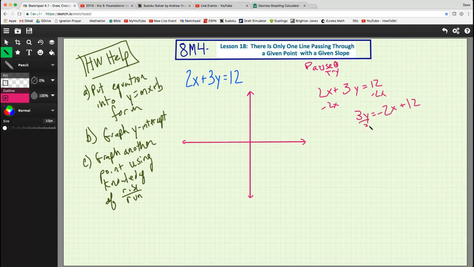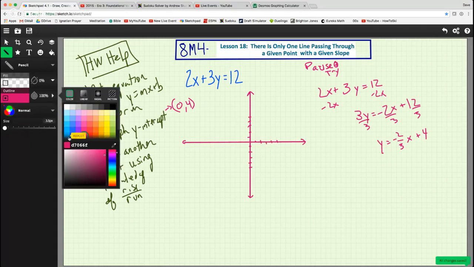We divide everything by 3, all terms by 3. We get y equals negative 2/3 x plus 4. So our y-intercept is 0, 4.